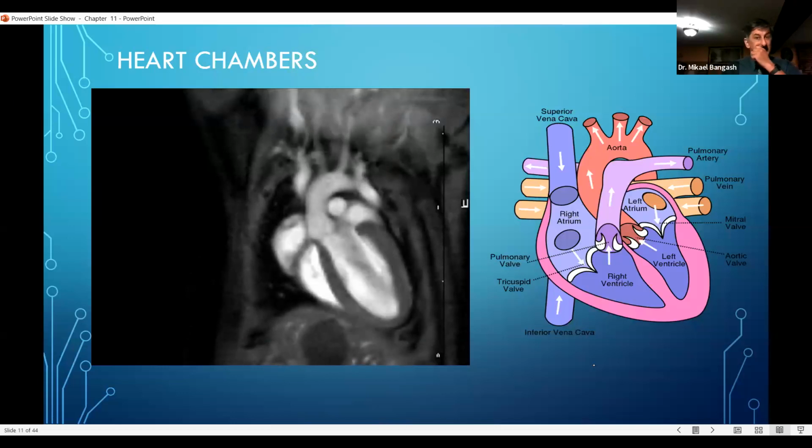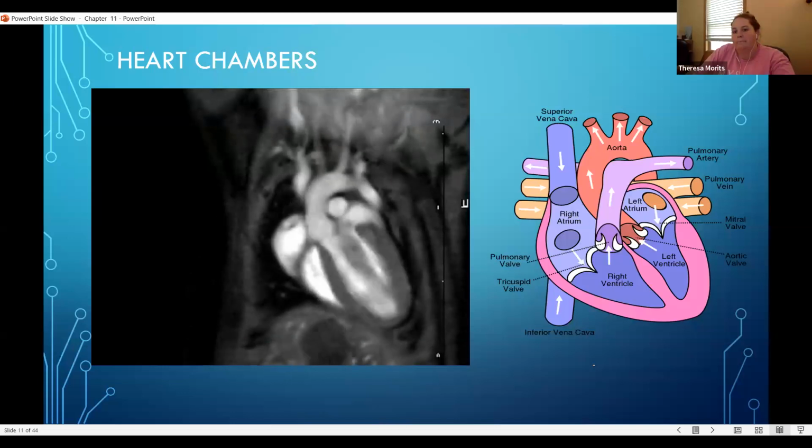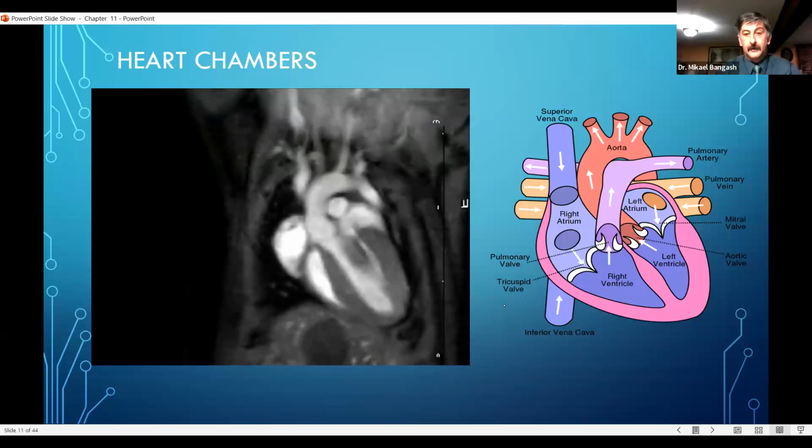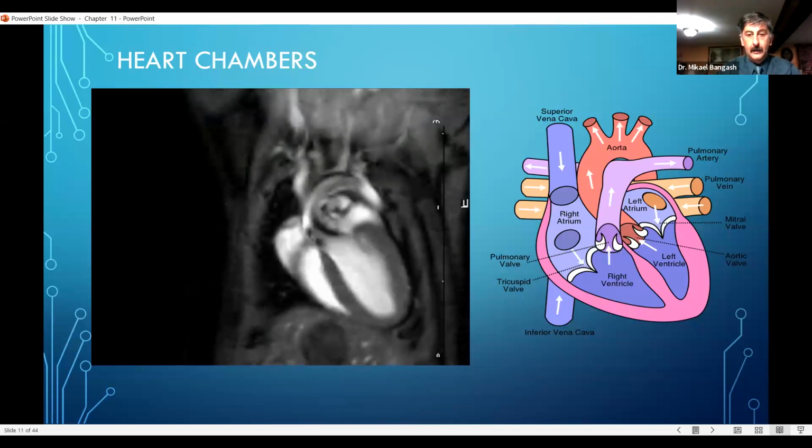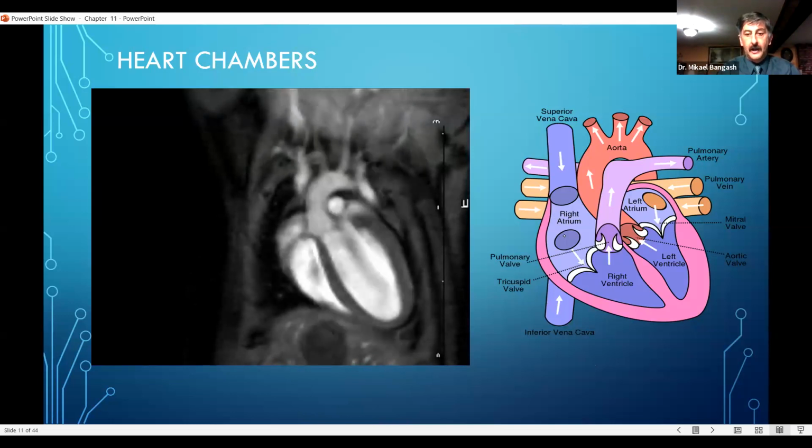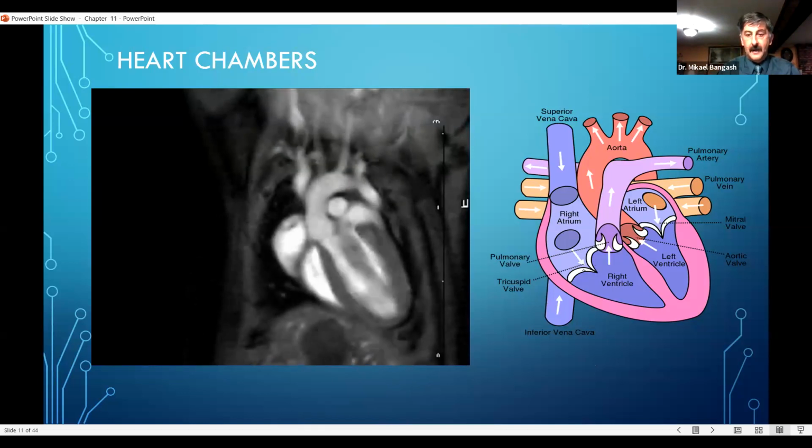Can you guys see this here? Everything is labeled. So we said superior vena cava and inferior vena cava empty into the right atrium. From the right atrium it goes into the right ventricle through the tricuspid valve.